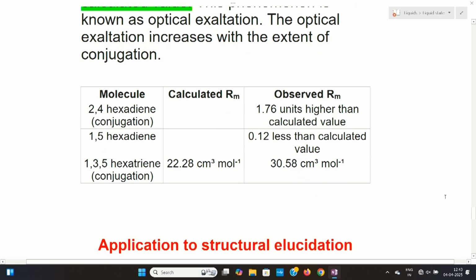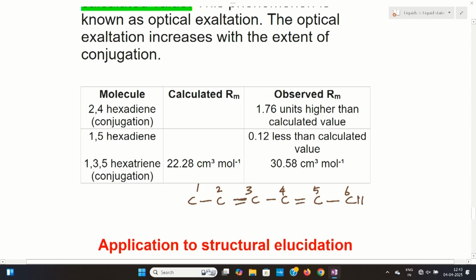Here we have some examples. If we take 2,4-hexadiene, it means in the second position and the fourth position we have double bonds. This is first carbon, second carbon, third carbon, fourth carbon, fifth carbon, and here we have sixth carbon. In the second position we have a double bond, and in the fourth position also we have a double bond.